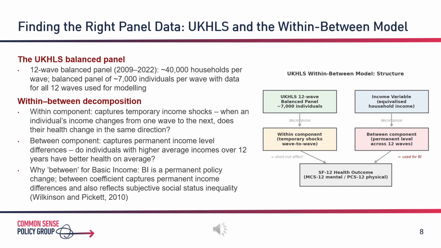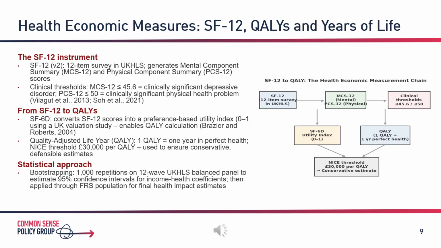Using the within coefficient would underestimate the health effects by treating basic income as if it were a transient income change. The health economic framework in this section provides the methodology for translating income changes, which the TTM calculates precisely, into health outcomes and then into economic units that health economists and policymakers can interpret and compare.